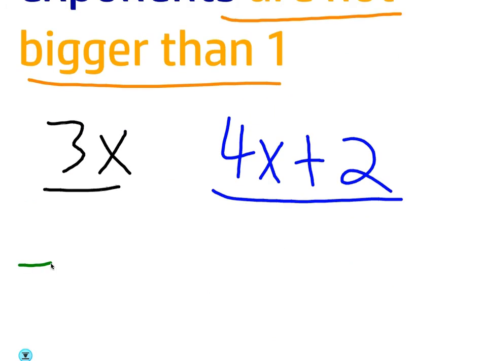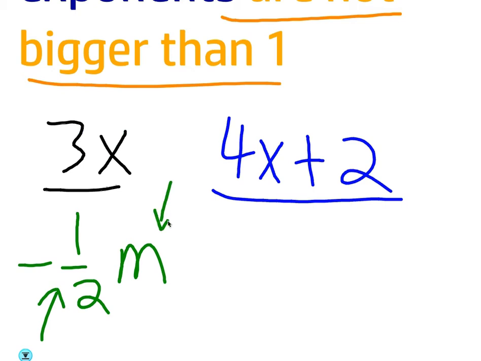You could have negative 1/2 m. Let's use a different variable, m. All right, so even though the coefficient here is a fraction, it doesn't matter. Because again, this doesn't have an exponent. So if you were to graph this, it'd be a straight line. Or we could do, how about 2.7n minus 4 over 3.